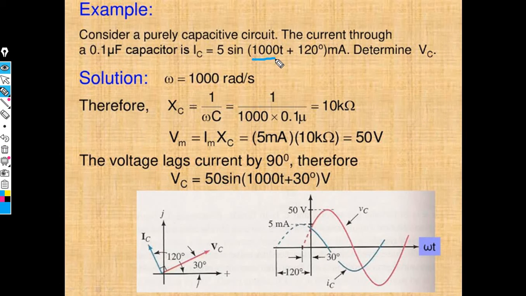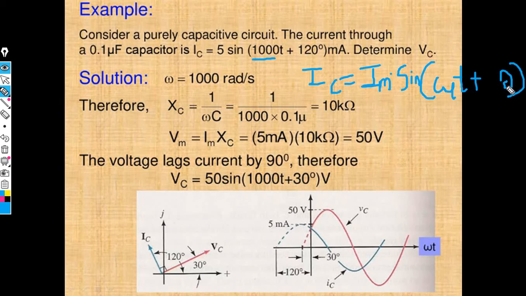Here IC is equal to Im sin(omega t + theta).